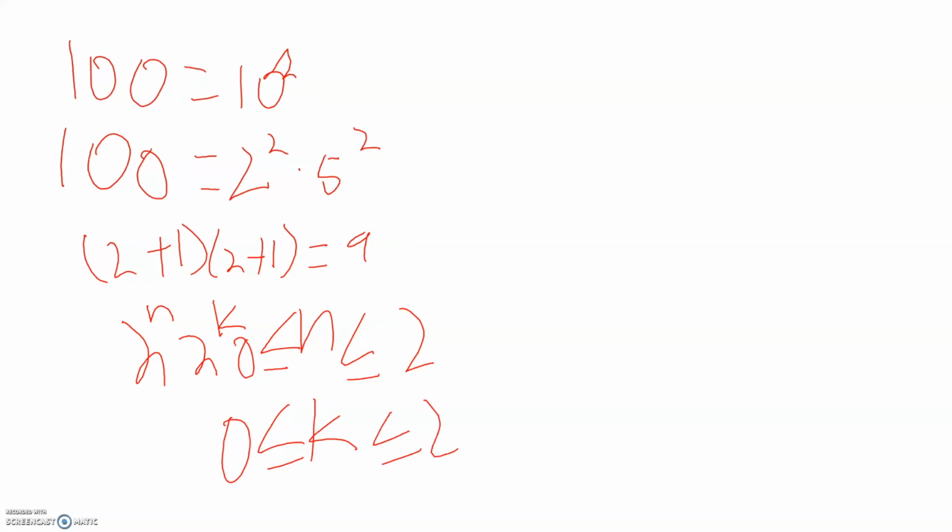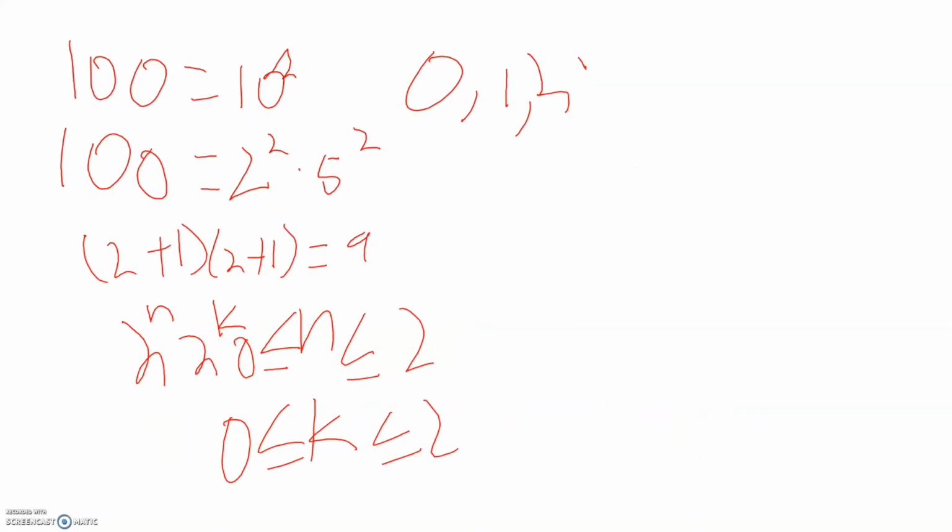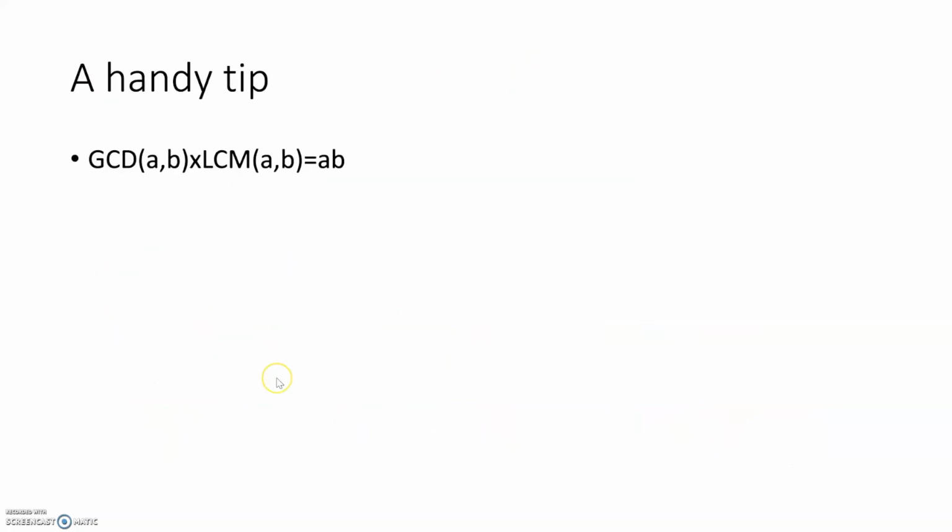So the number of integers that satisfy this is just 0, 1, and 2, which is just 3 integers. And using our example from before, 5 times 4, we can just use 3 times 3, which is just 2 plus 1 times 2 plus 1, which is equal to 9.